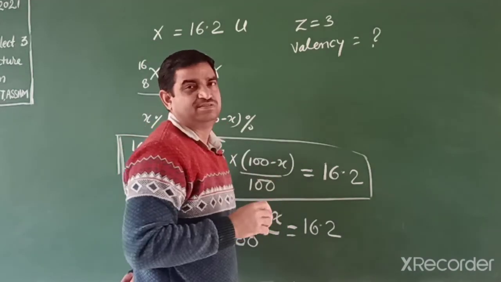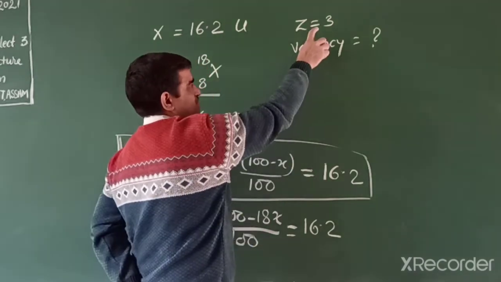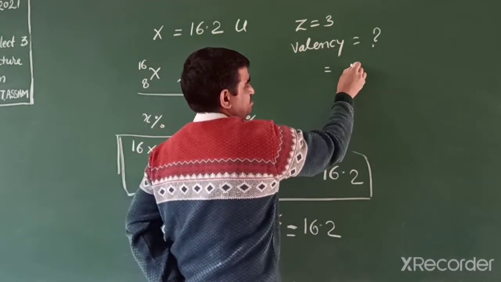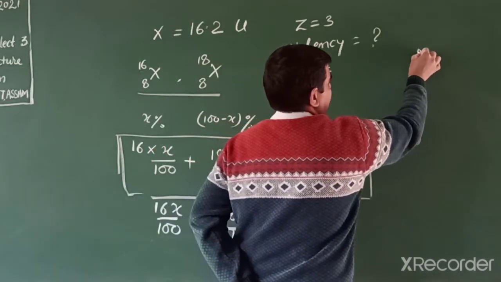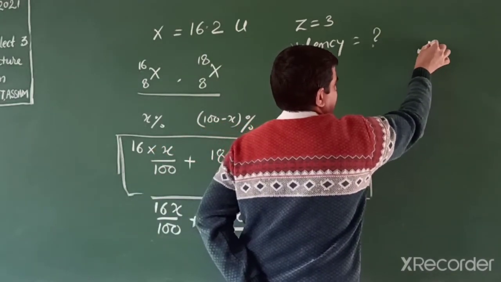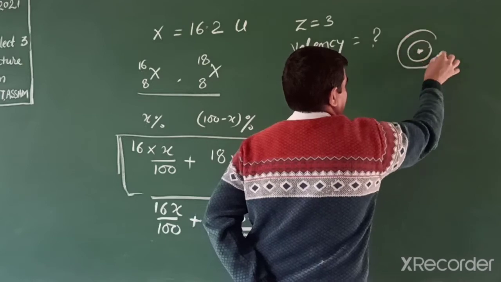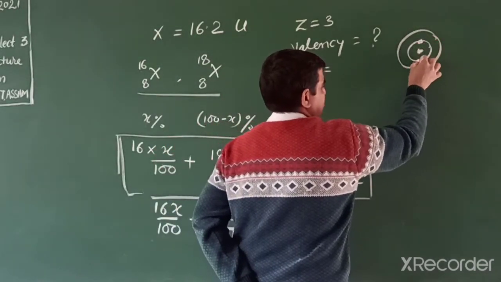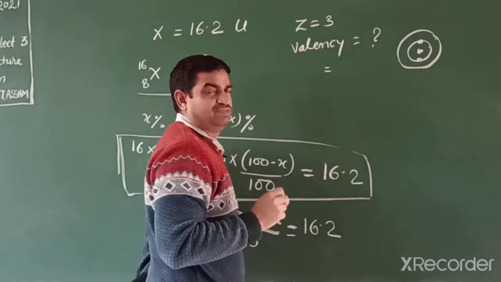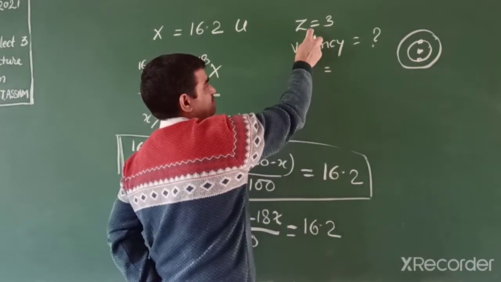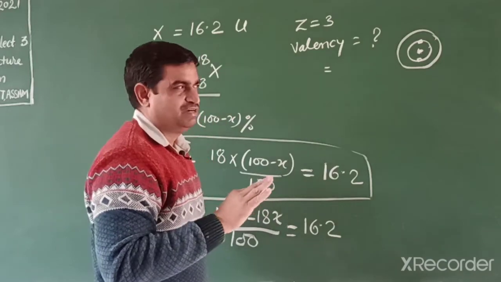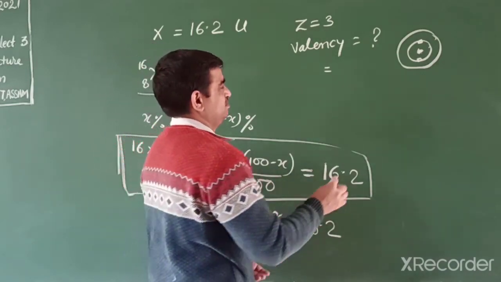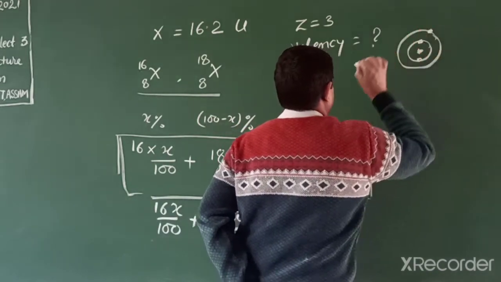So students, how can we write it? We know there is a central nucleus and electrons are filled in this way. The first shell can hold a maximum of 2 electrons and we have 3. Why? Because Z means the number of protons and the number of electrons, since the atom is neutral. So there is one more electron.